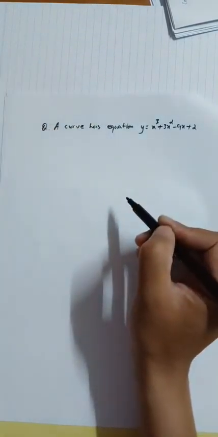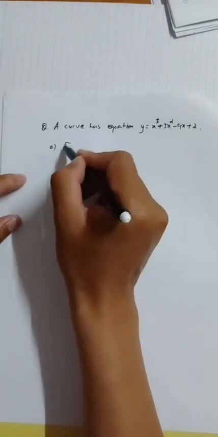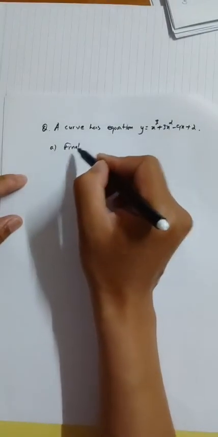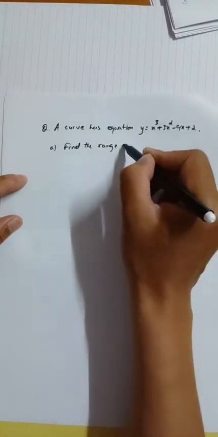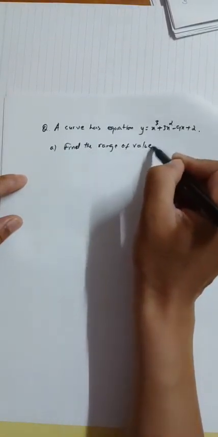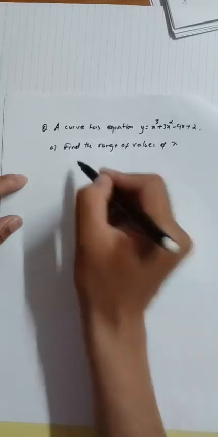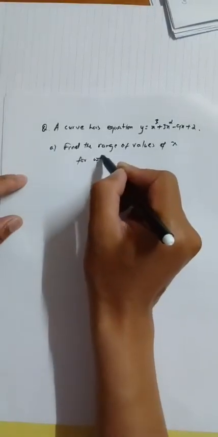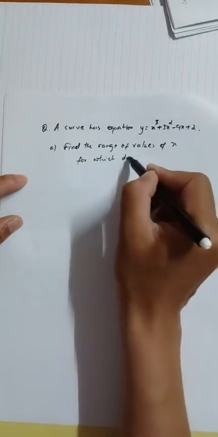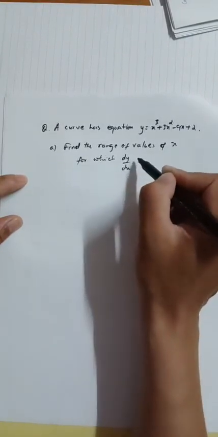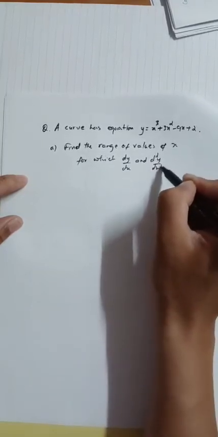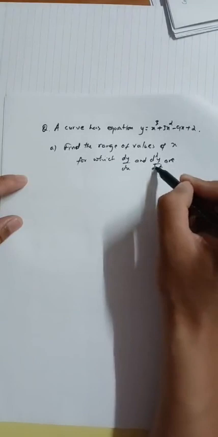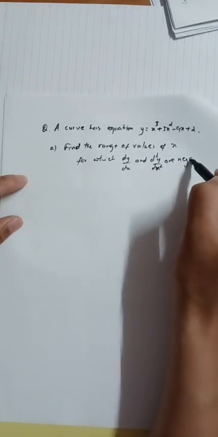First, find the range of values of x for which dy over dx and d2y over dx square are negative, that is less than 0.